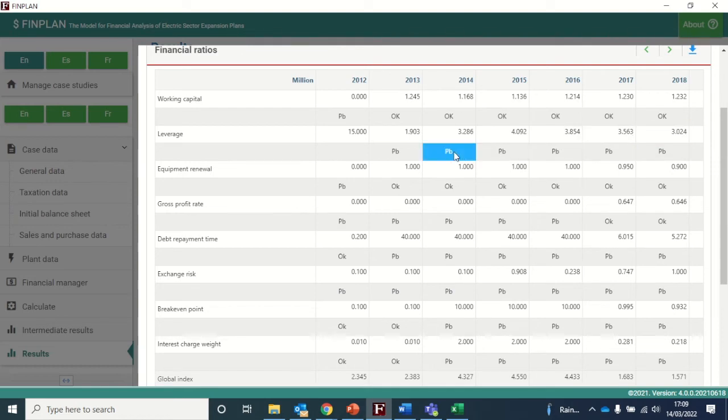You can see that it is a PB. Therefore, this plan may not be acceptable. So more equity needs to be injected during the construction years. This will, however, influence many other financial aspects of the project, for example, the NPV or IRR.